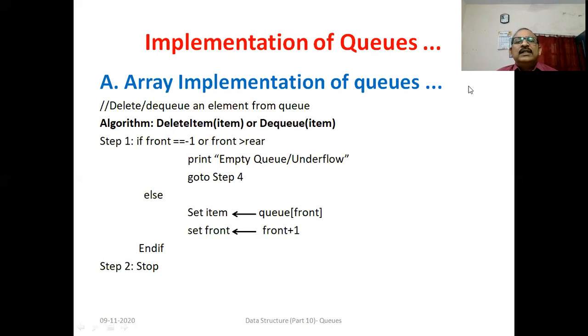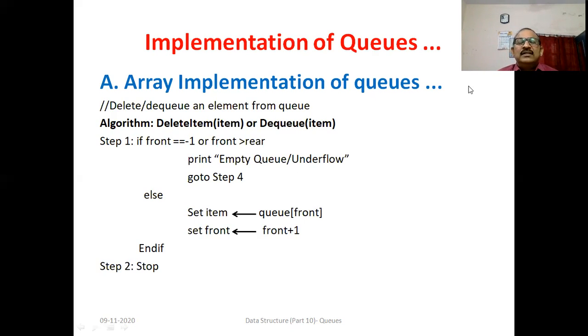Next algorithm, delete item. Before deleting an item from the queue, we have to check whether the queue is empty or not. If the queue is empty, we cannot perform the delete operation. When the queue is empty, front is equal to -1, or we can say front is greater than rear.